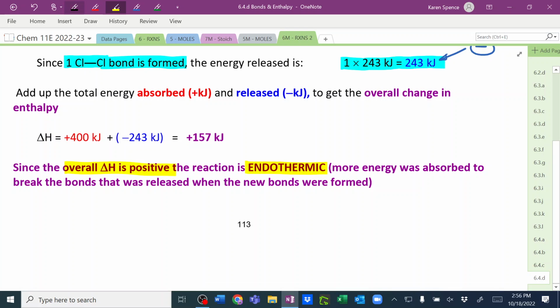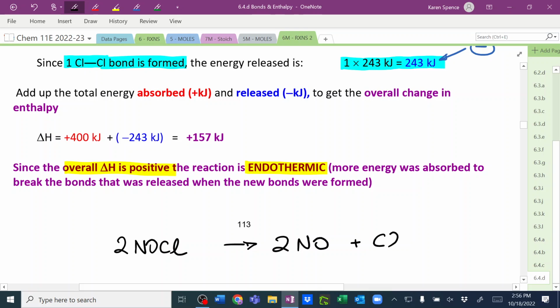So if we had to rewrite the equation, we would say I have 2 NOCl goes to 2NO plus Cl2. Where would I put the heat term? On the right or on the left? In the reactants or in the products?